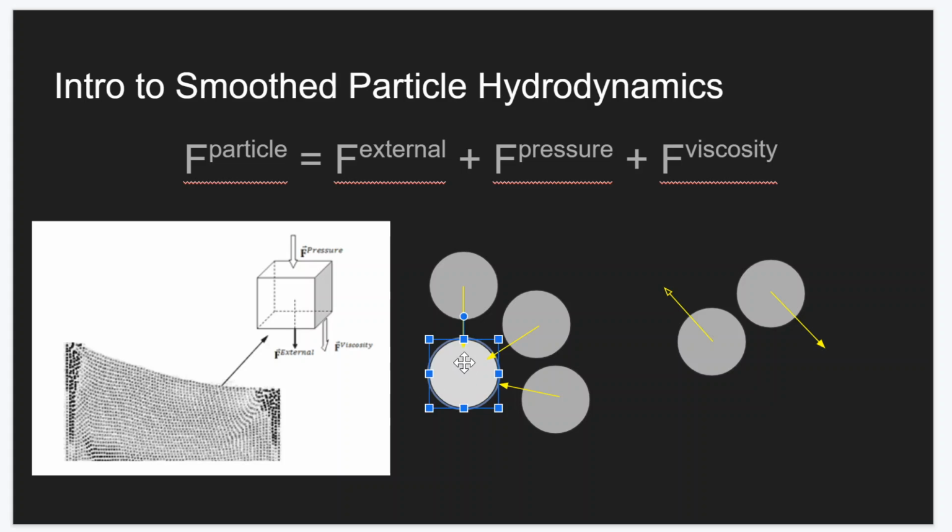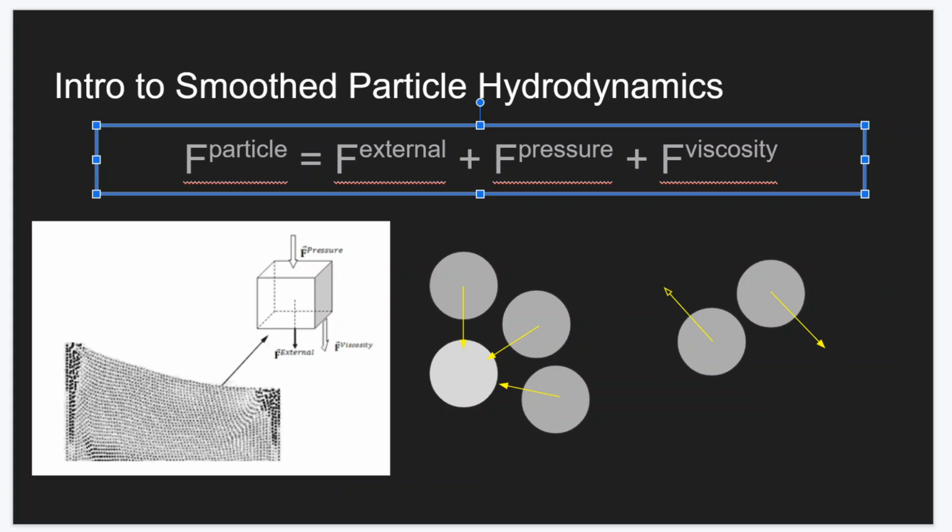For example, let's see this particle, and it has three neighbors, which means these three neighbors are having some sort of pressure on this one. It is receiving pressure from these three. So for each particle, we're going to compute the pressure from its neighbors.